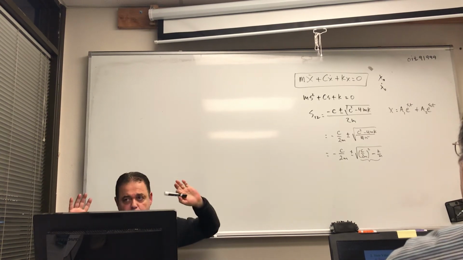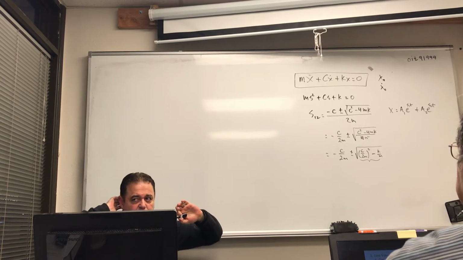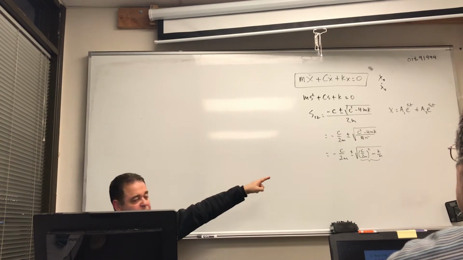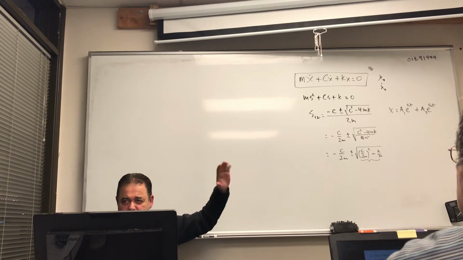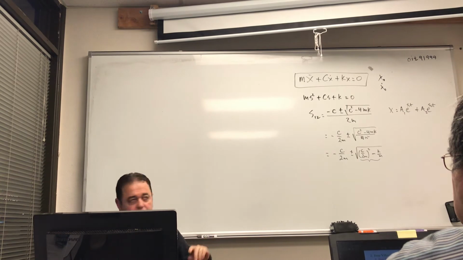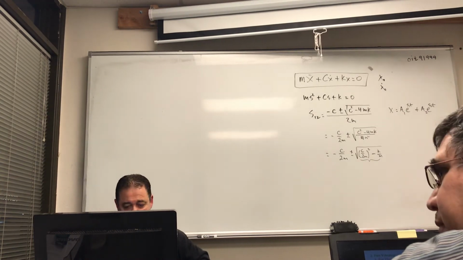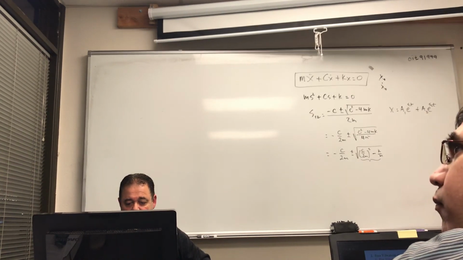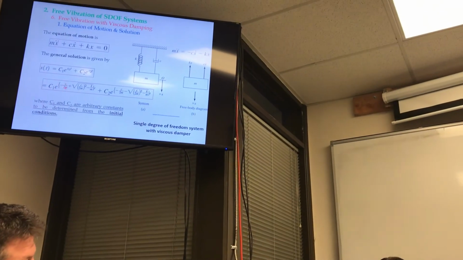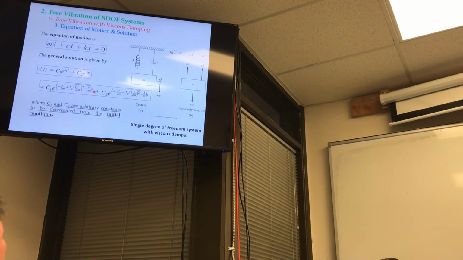That's the general form. Obviously, when some factors are negative, you can have imaginary values, and we're going to go through each one of them separately. If you look here on the screen at the top, it's C1 exponential of minus c over 2m plus this, times t. So this is the general form of the solution, okay?